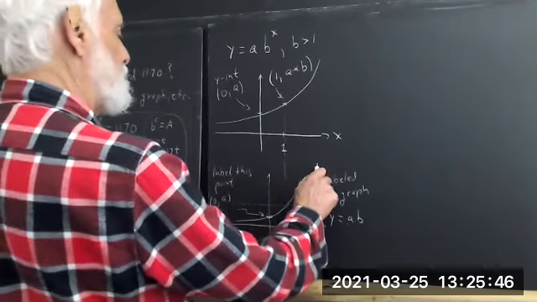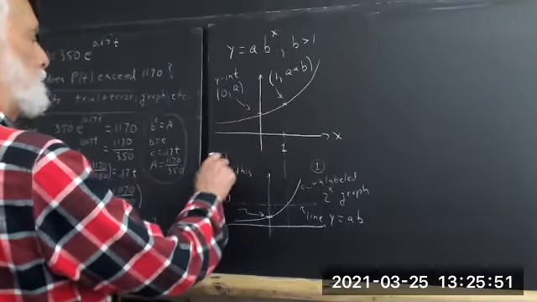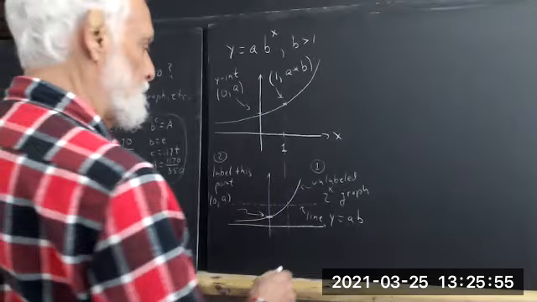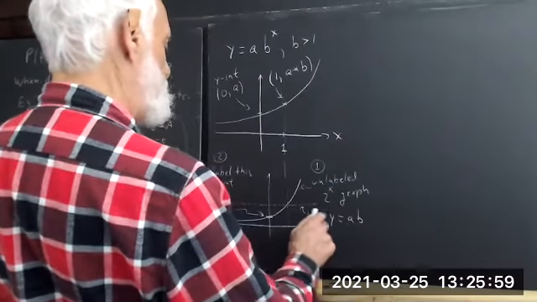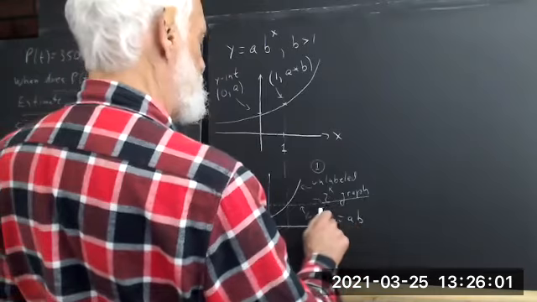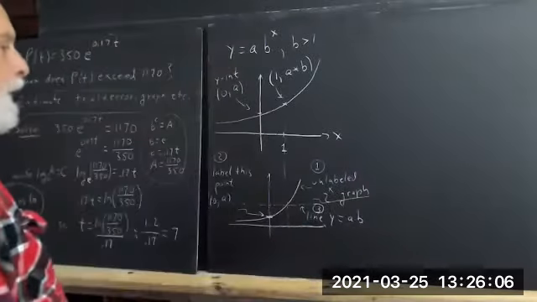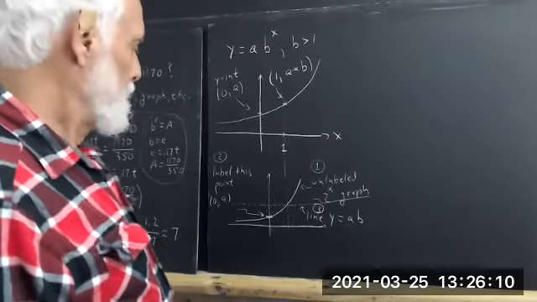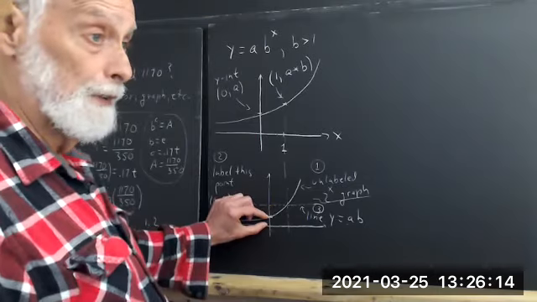So let's say step 1, you have this unlabeled graph. Step 2, you label this point (0, a). Step 3, you sketch a line y equals a times b, so that this is b times as far from the x-axis as this is.